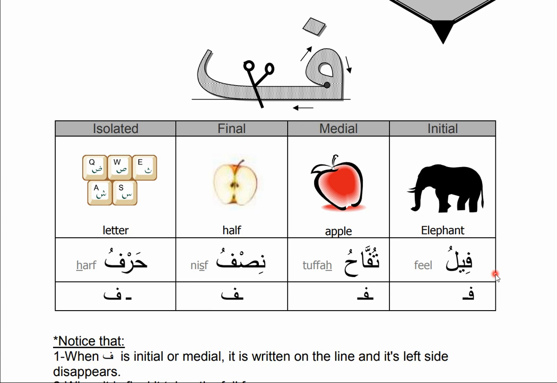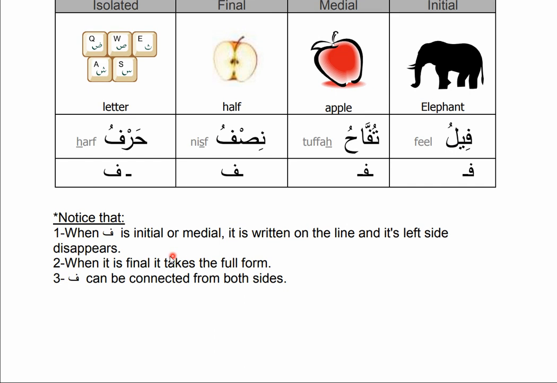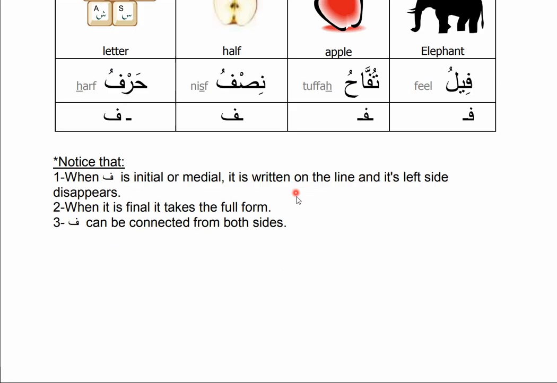And for the initial and the middle, it will come only as the front portion, just like we did in meem. And this letter can be connected from both the sides.